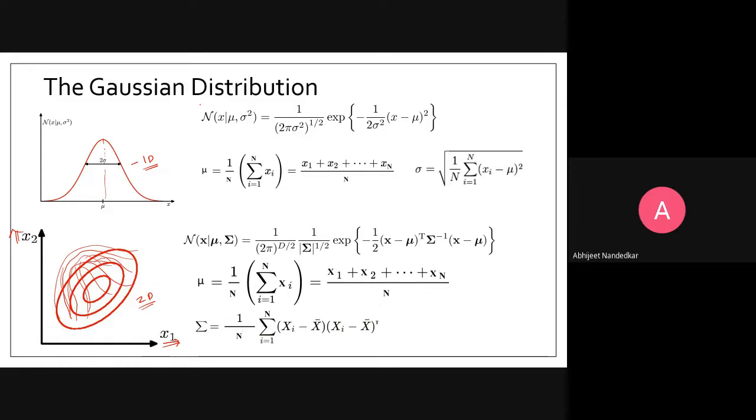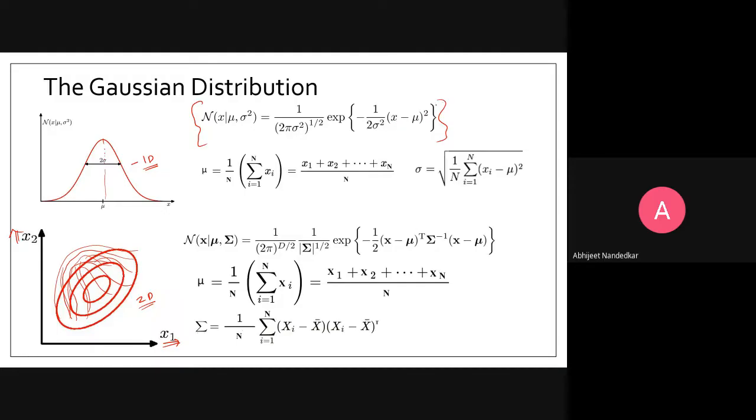Now the normal distribution is given by the formula in front of you: 1 by square root of 2 pi sigma square, where sigma is your standard deviation and sigma square we call the variance, into e to the power minus 1 by 2 sigma square times (x minus mu) whole square.